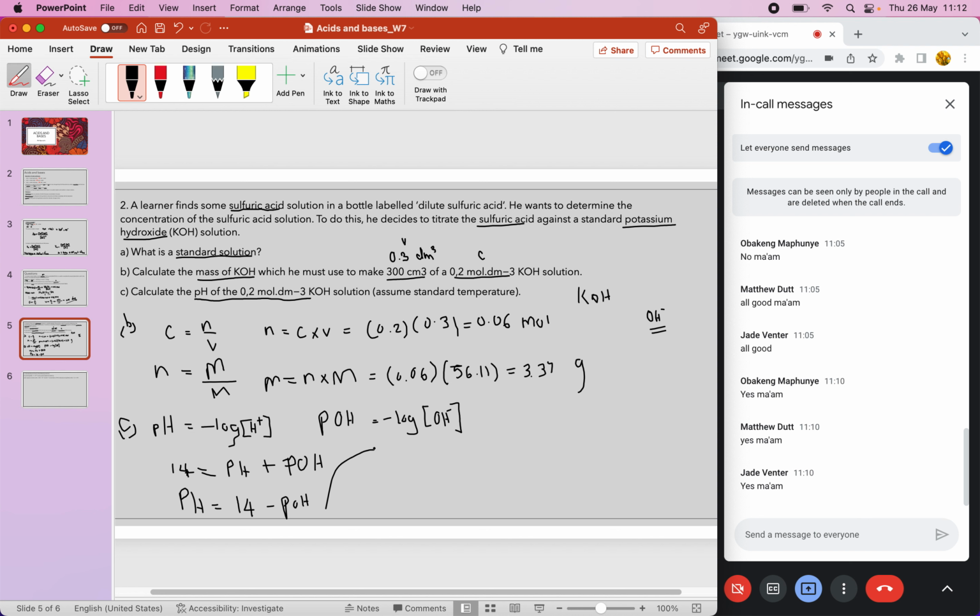From this step, you need to substitute what pOH is. So I'll write it in here. You'll have your pH, the equation continues, being equal to 14 minus log of the concentration of OH minus.